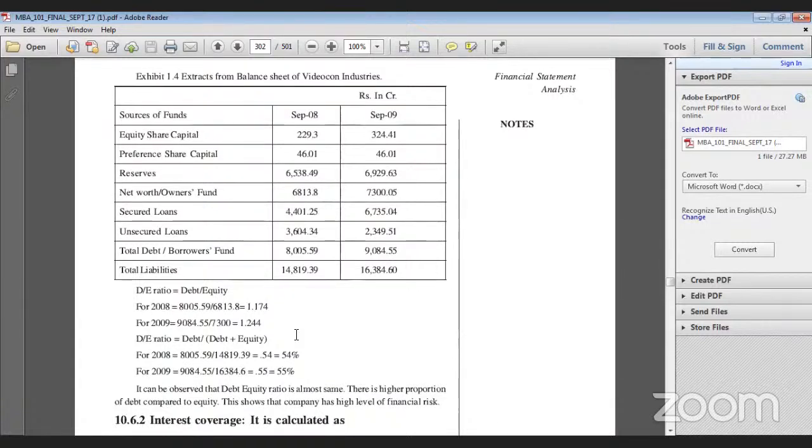See, in this example, they have given one balance sheet for September 2008 and 2009. We compare with that, and with the help of this, we can calculate the exact ratio, debt upon equity.